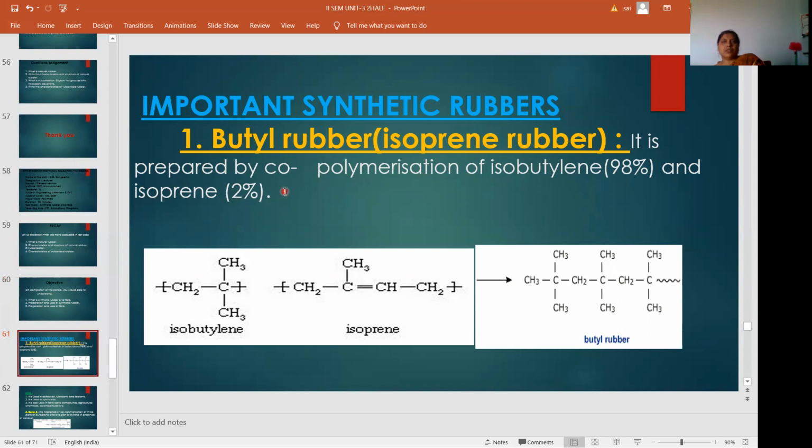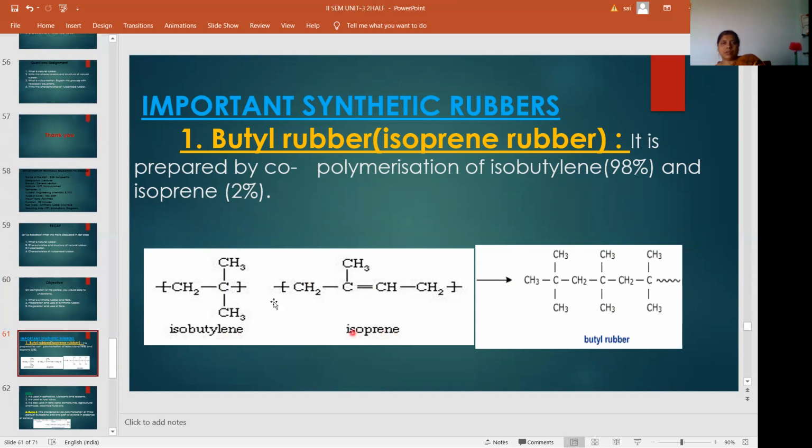In your syllabus, you have addition polymerization and condensation polymerization, but you don't have copolymerization. But we already studied that copolymerization is done by adding two different monomers. So here, this is one monomer, this is another monomer.